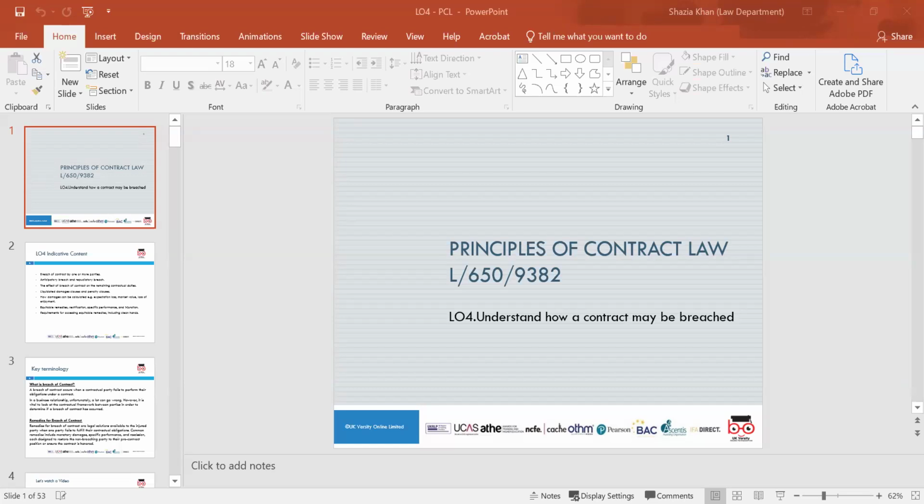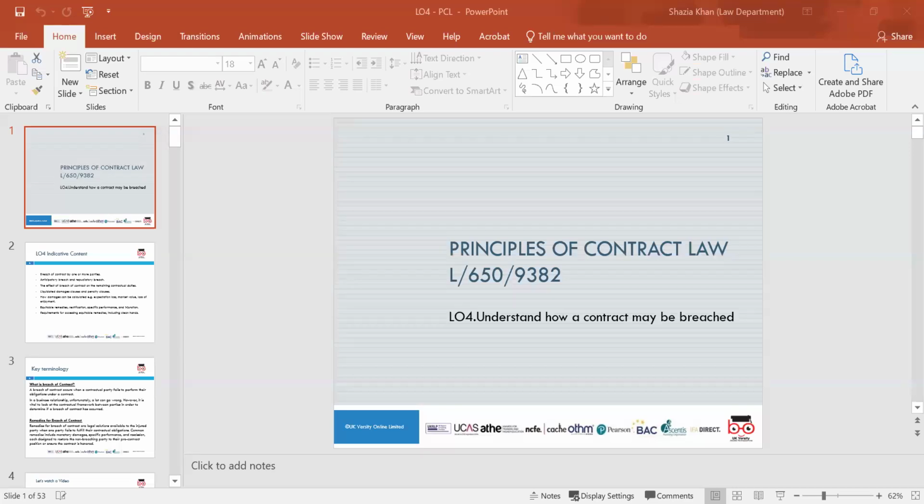We also looked at elements of duress. So we've got physical duress and economic duress. We looked at undue influence, and we looked at actual undue influence, which is direct manipulation, and presumed undue influence with reference to cases such as Lloyds Bank and Bundy, 1975.